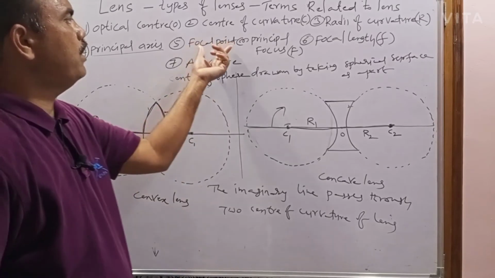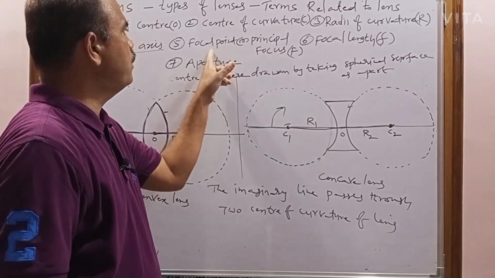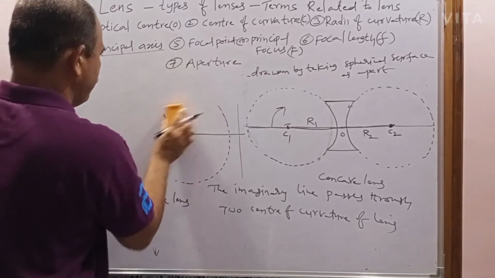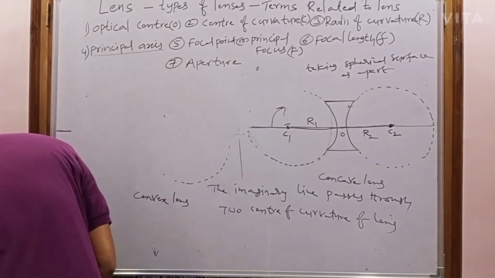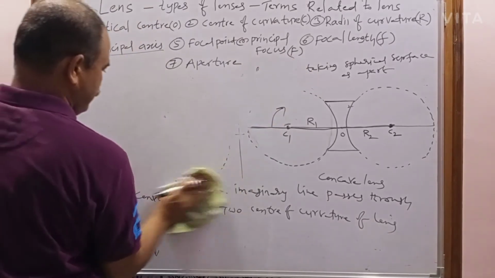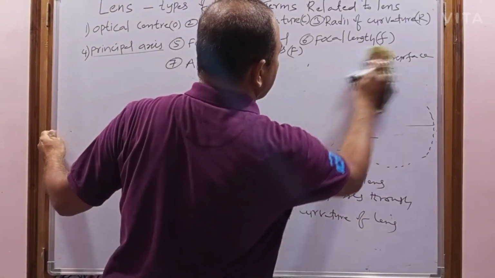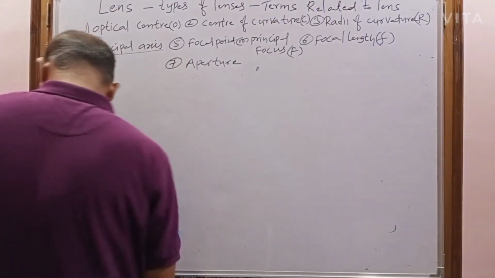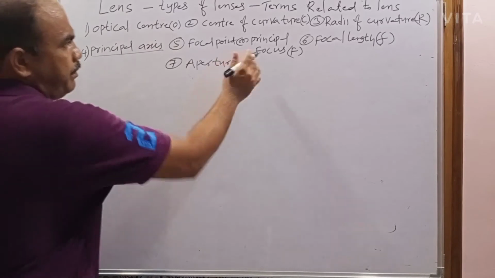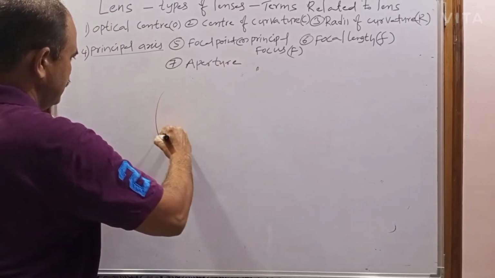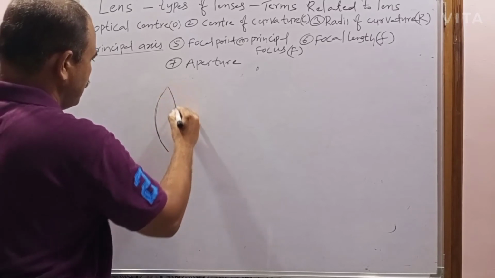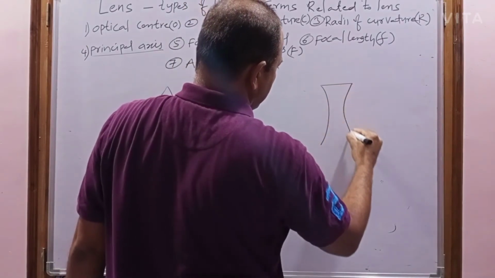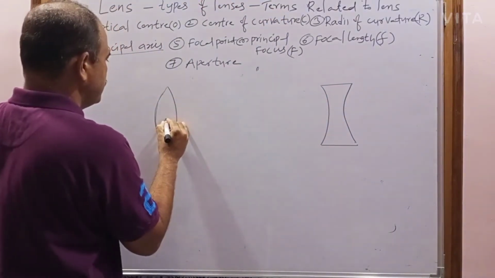Now coming to the focal point or principal focus. Consider this is the double convex lens and this is the double concave lens. This is the optic center.